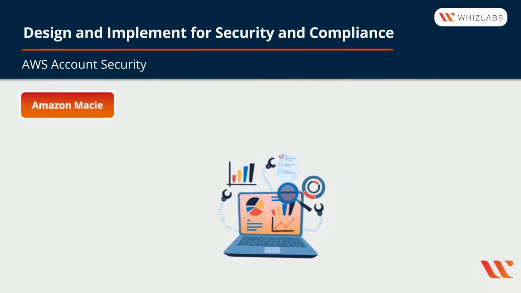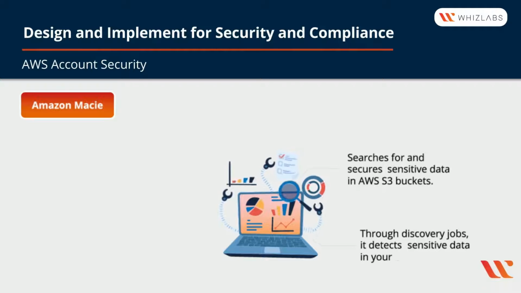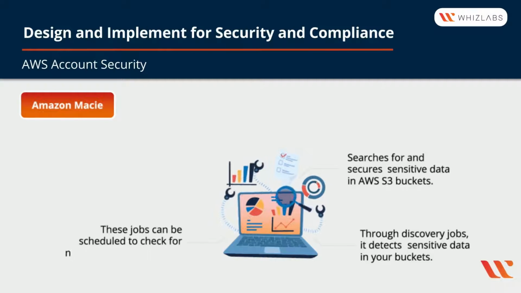Amazon Macie. Amazon Macie searches for and secures sensitive data in the AWS S3 buckets. Through discovery jobs, it first detects sensitive data in your buckets, such as personally identifiable information or personal health information. These jobs can be scheduled to check for new data in your buckets.